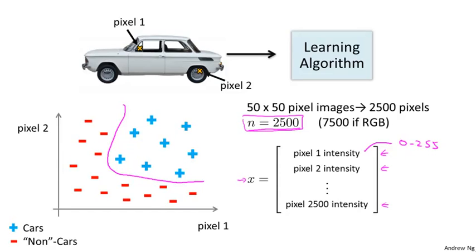So we have n equals 2500. And that's if we were using grayscale images. If we were using RGB images with separate red, green, and blue values, we'd have n equals 7500.